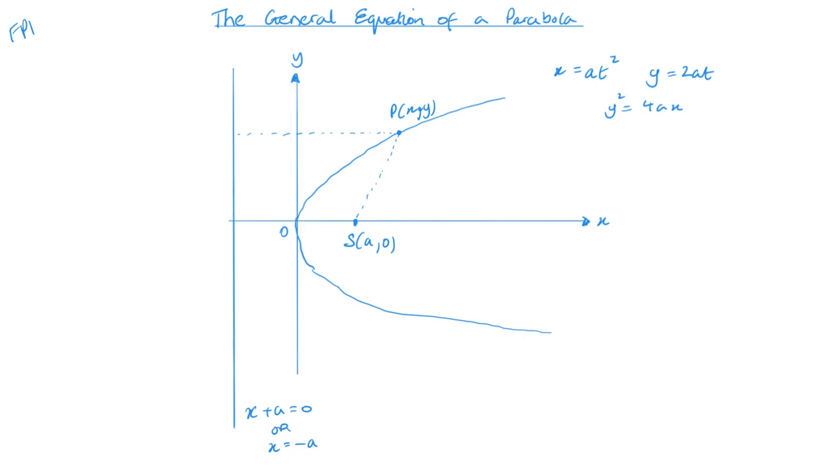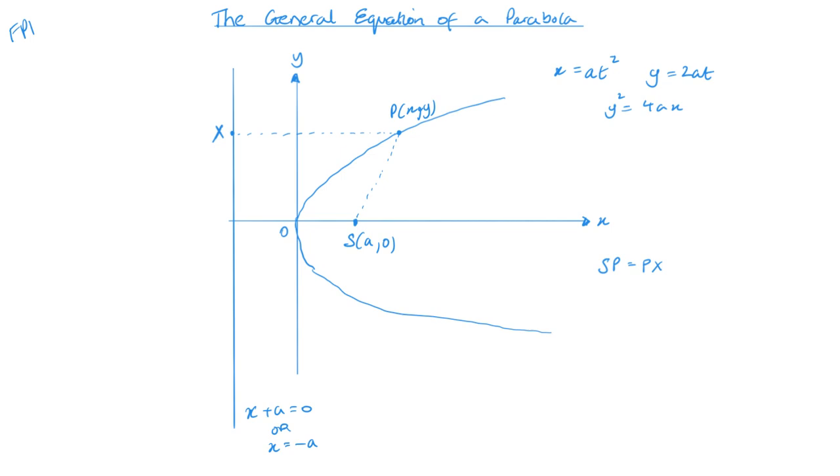So if we call the point where it hits the directrix X, then SP is equal to PX.